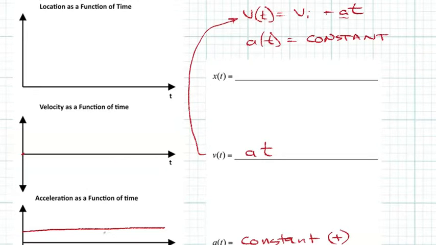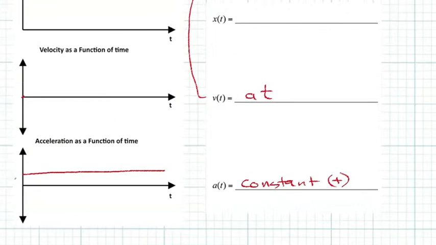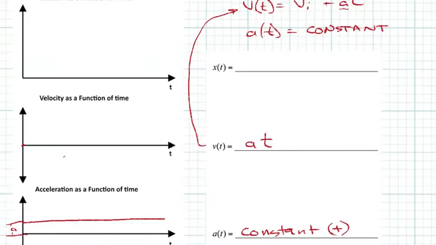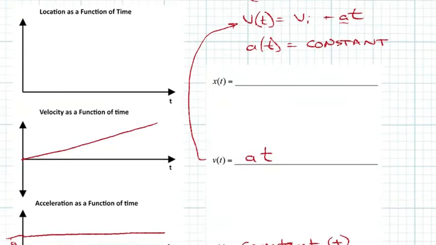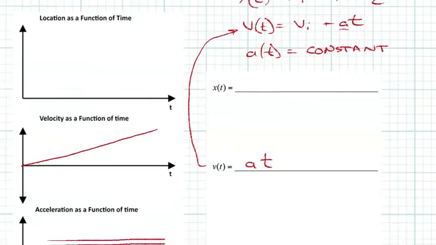And now whatever value the acceleration is, that is going to be our slope of our velocity versus time. So if that's 1, then we're going to have a slope of 1. If it's 2, then here we're going to have a slope of 2, and so forth. So our velocity is increasing with time because there's an acceleration.